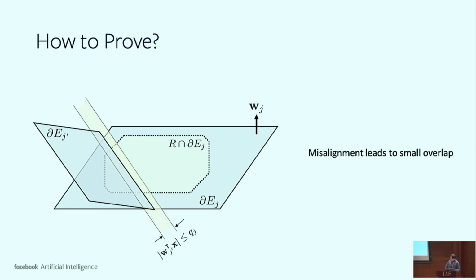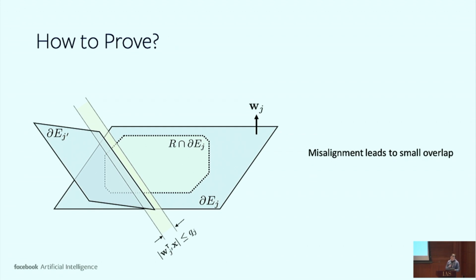If you have Wj, which is some direction that could be a teacher direction, and that direction is aligned with some other direction, then you are good. But assuming Wj is not aligned with any direction, then for each Wj prime, the boundary will intersect with the boundary of the region of this Wj, and this intersection will be small.